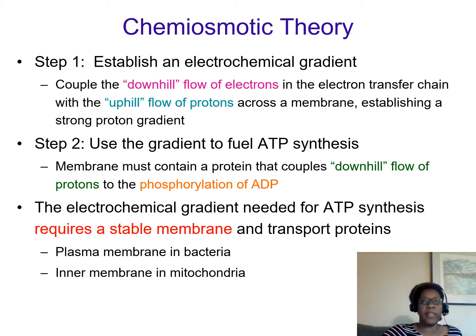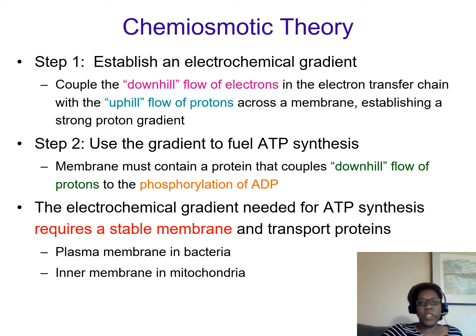Remember, we have electrons that are being carried by NADH and FADH2. And those electrons are going to be transferred from NADH and FADH2 downhill to electron carriers that have a higher affinity for electrons.